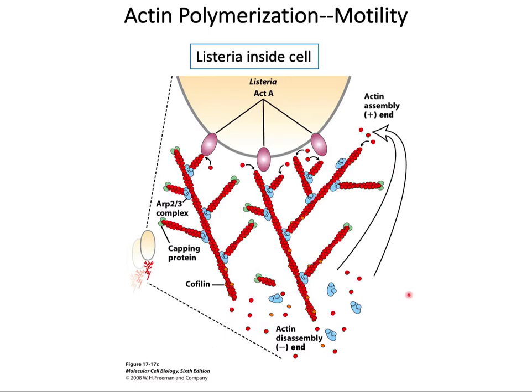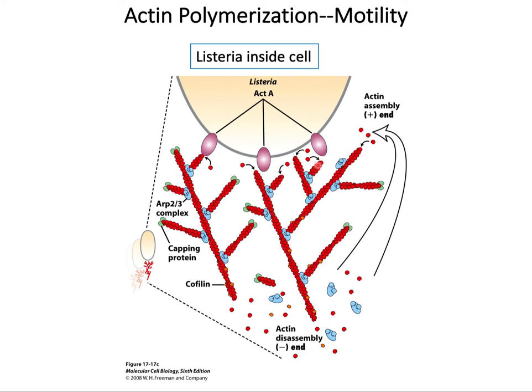So how is this happening at the molecular level? As it turns out, Listeria have on their cell surface another protein known as ActA. This is shown as the pink circle here, and ActA is a very potent activator of the Arp2/3 complex.